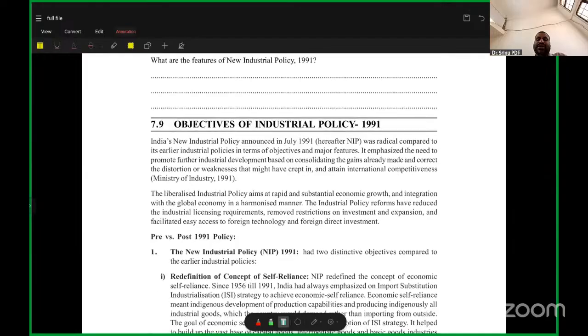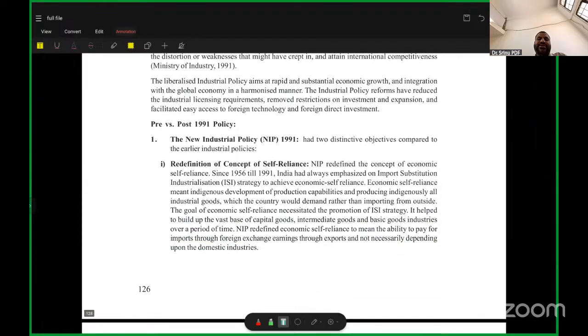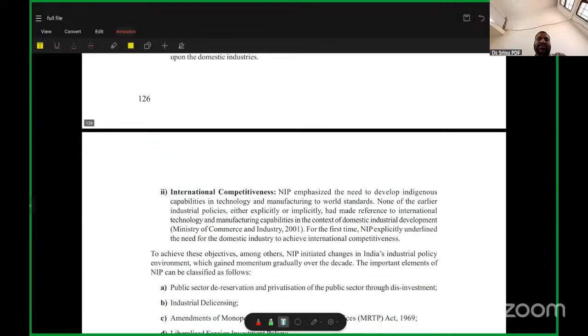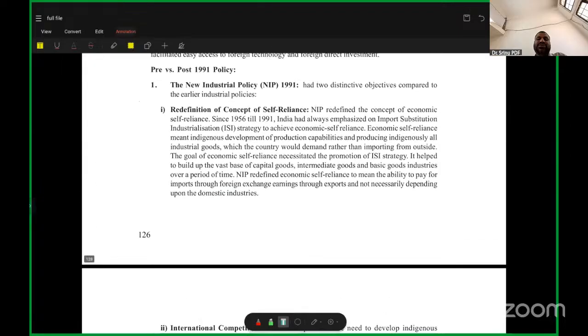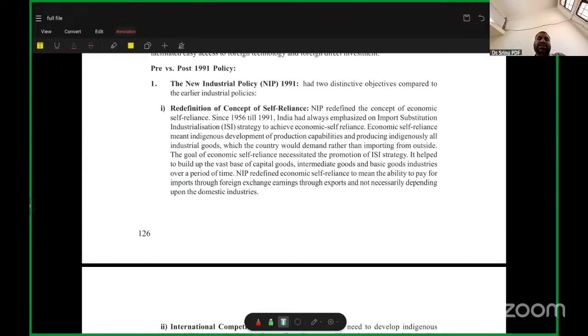Objectives of the Industrial Policy of 1991. First of all, this is the new industrial policy. They designed two objectives. First is the redefinition of the concept of self-reliance. Second is international competitiveness. Because of these two reasons, they started that industrial policy.